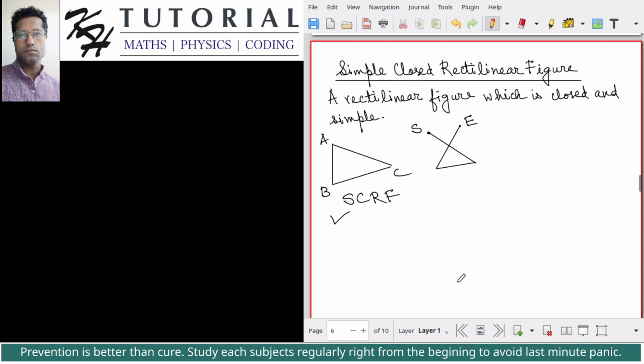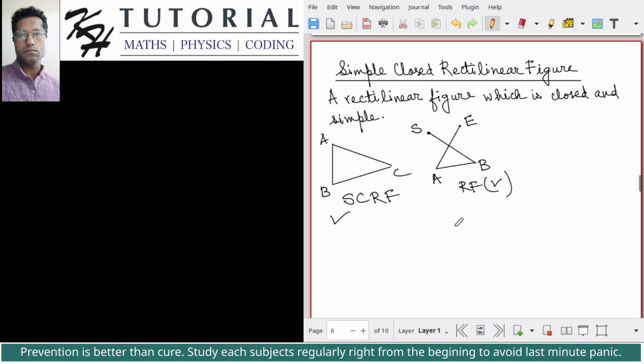No, because this is a rectilinear figure, but as you can see, let's mark these 2 points as A and B. This figure is made up of 3 line segments. So this is a rectilinear figure.